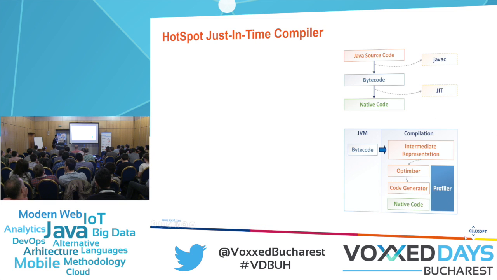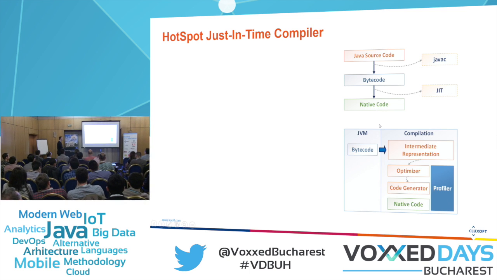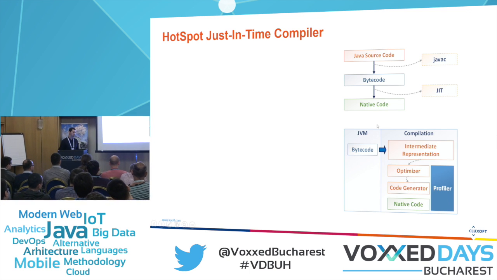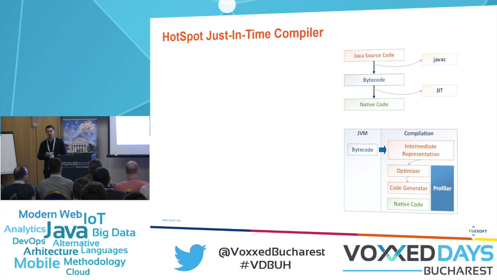In the process of compilation by the just-in-time compiler, the source code is compiled by Javac into bytecode, and it is compiled by the just-in-time compiler into native code. The process of compilation during the runtime is extremely complicated, because the bytecode is mapped to an intermediate representation.